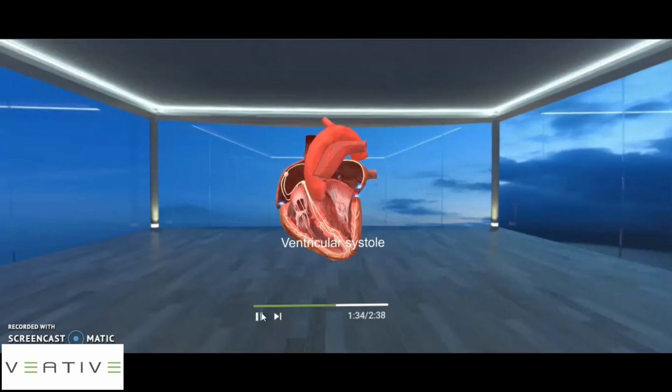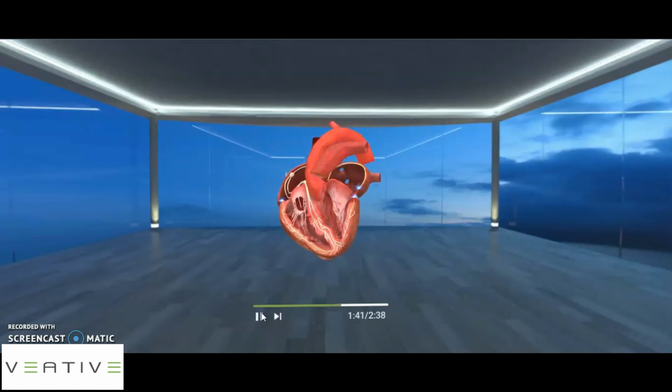Internal pressure of the ventricles increases, causing the atrioventricular valves to close to prevent the backflow of blood from the ventricles to the atria. So when the ventricles contract, both the tricuspid valve and the bicuspid valve will close to prevent the backflow of blood from the ventricles to the atria.